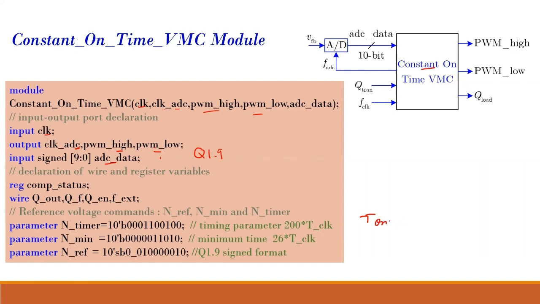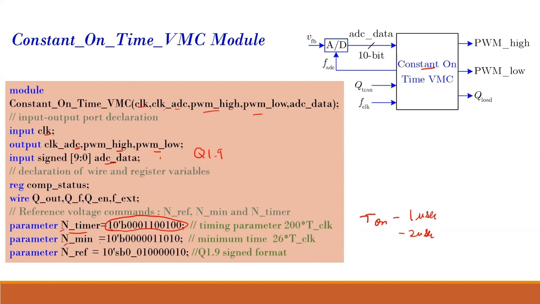If I want to change my on time, then I have to change this N timer value. Suppose my on time earlier was 1 microsecond, and now I want to double it, I will just multiply by 2 and make it 2 microseconds. So whatever change in on time I want, I have to vary this parameter.